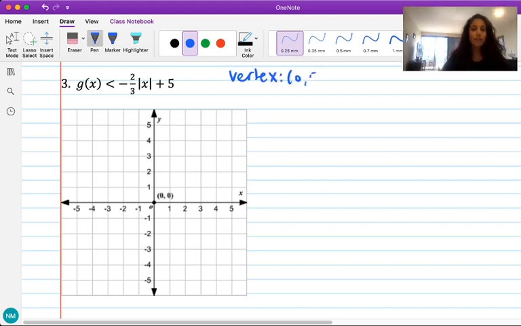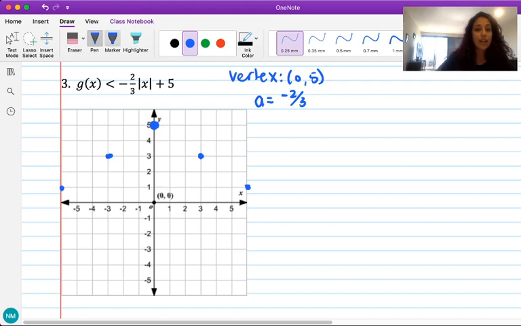It didn't go right or left and it went up 5. Now our a value is negative 2/3, which means that it is concave down with a slope of 2/3, right? So I'm going to go down 2, right 3, and down 2, left 3. I'm going to do one more, again, for accuracy.